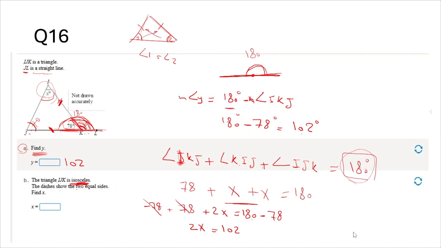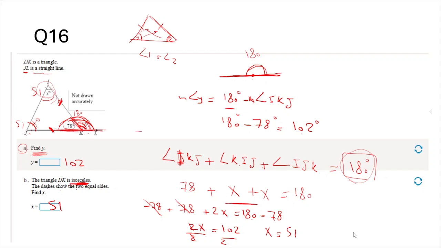To remove the 2, divide by 2 on both sides, so x will be equal to 51. So this angle will be 51, and this one 51. If I calculate angle I plus angle J plus angle K, it will equal 180.